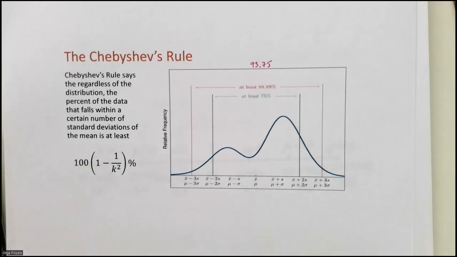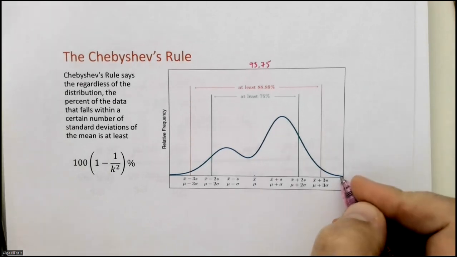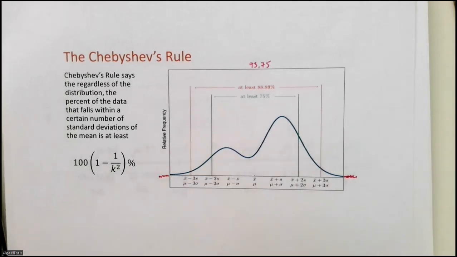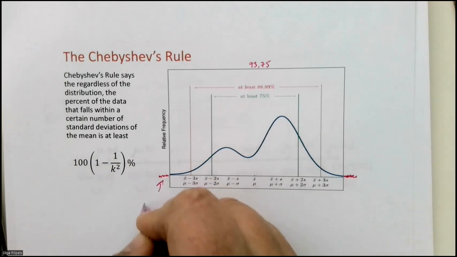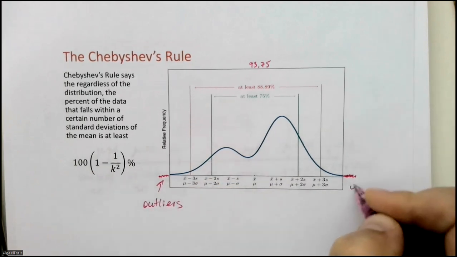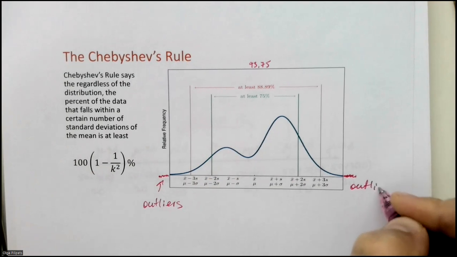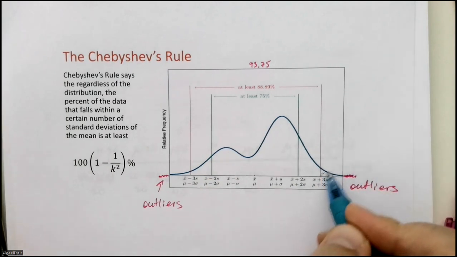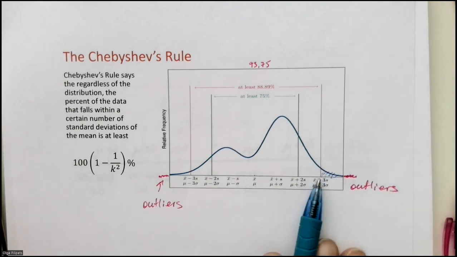So if this is our distribution, then everything that lies outside 3 standard deviations right here, these values are going to be outliers. And anything that falls in this area between 2 standard deviations.